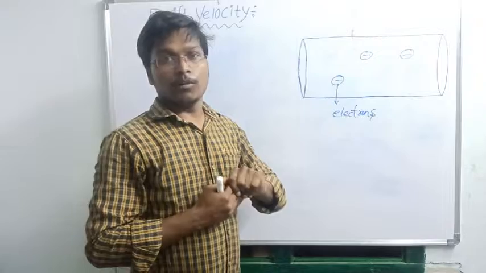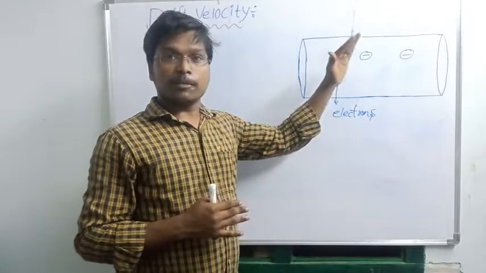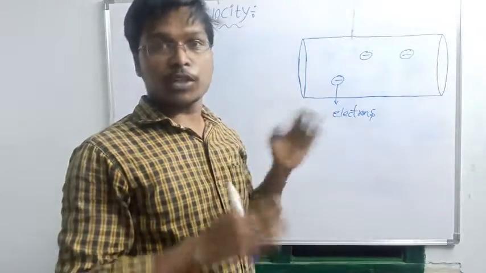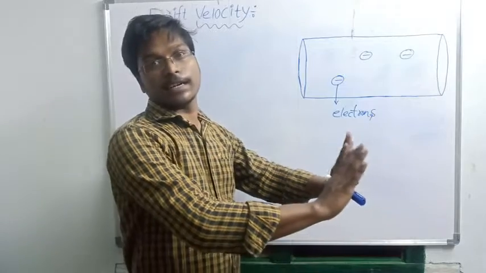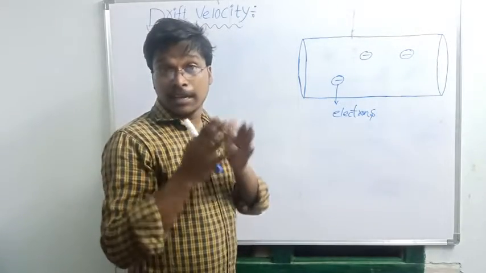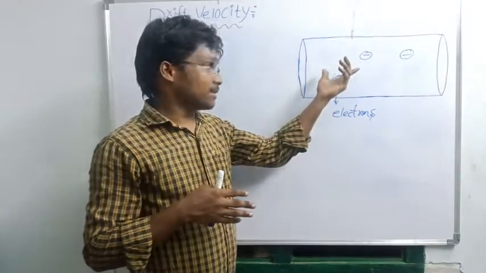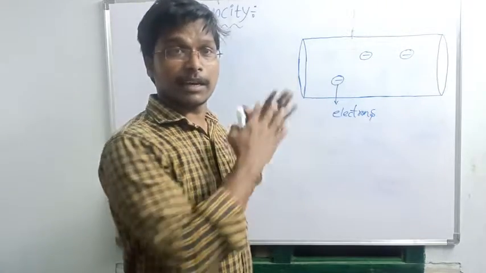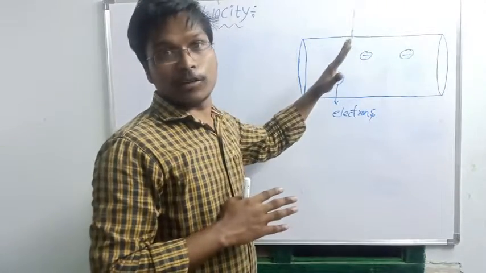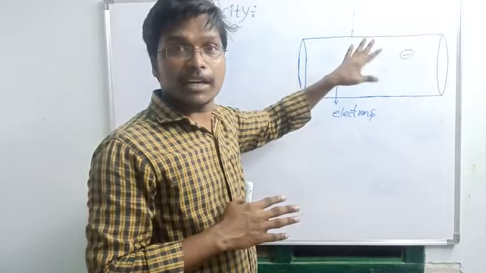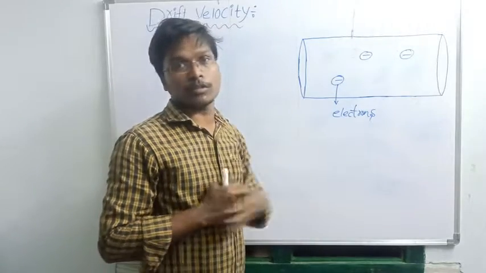Positive charged particles do not perform any kind of motion, so we won't consider them. Negative charged particles we should always consider in a conductor. What is the name of these negative charged particles? Electrons.